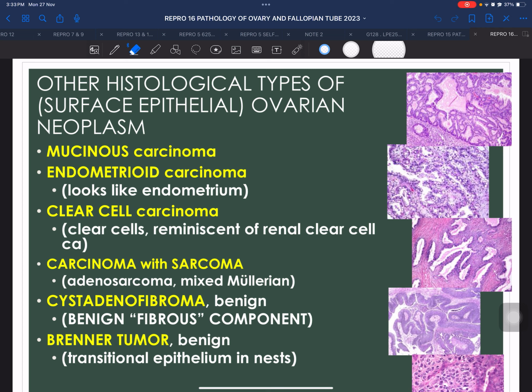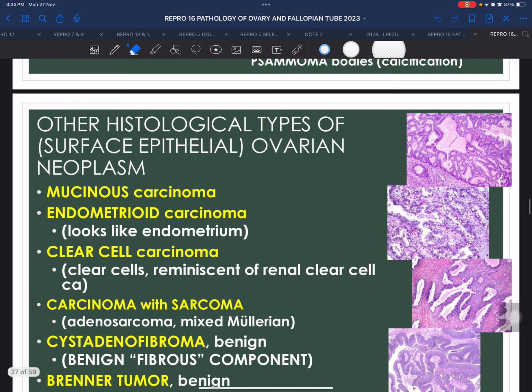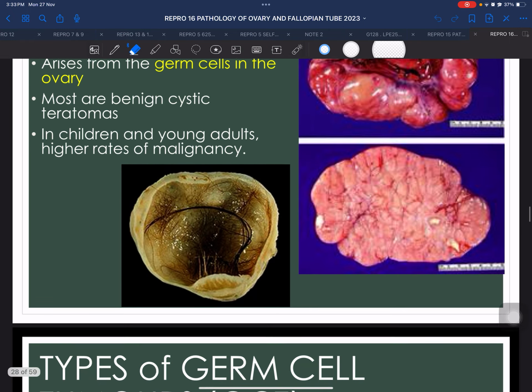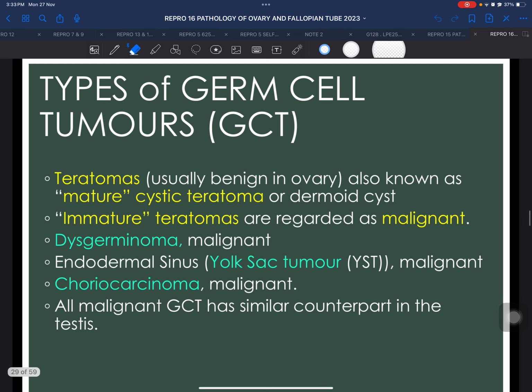Okay, mature cystic teratomas tend to be cystic in nature, and they are usually benign. The immature teratomas, if they have an immature component inside the ovary, are regarded as malignant. And then you also have the other malignant types of germ cell tumors, which are the dysgerminoma, choriocarcinoma, and yolk sac tumor.